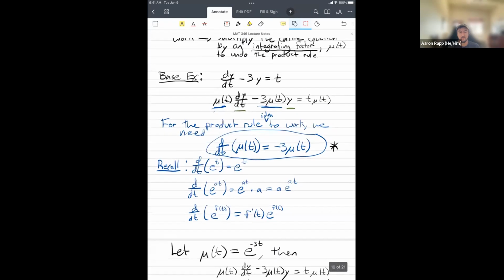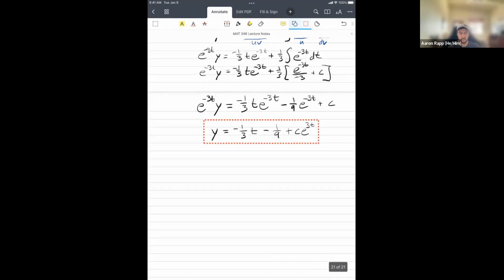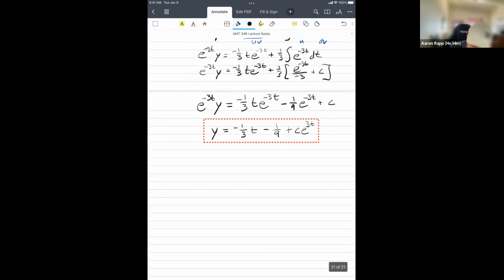Well, it's supposed to satisfy that differential equation, that is, dy over dt minus 3 times y is equal to t.